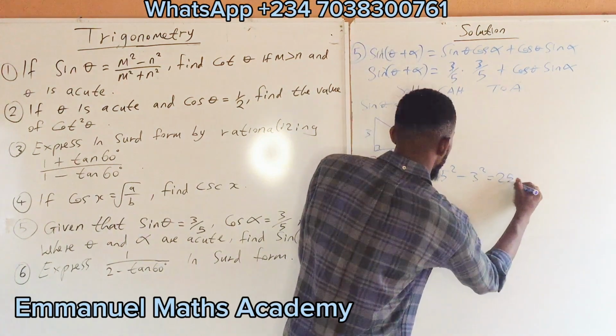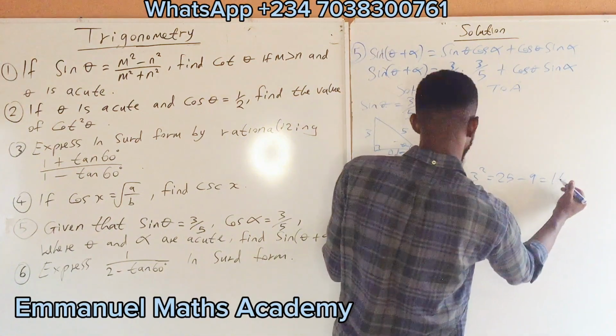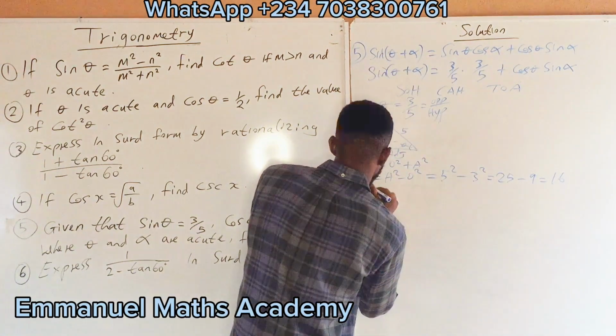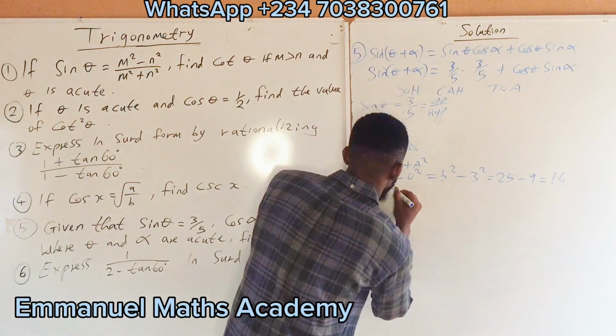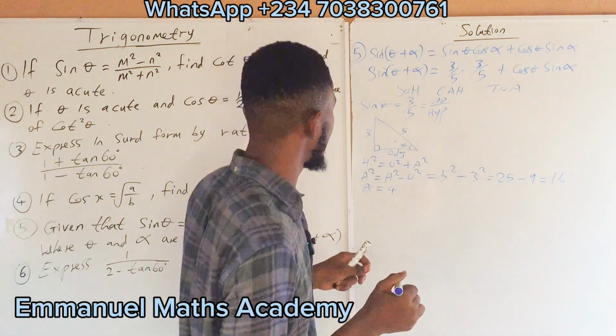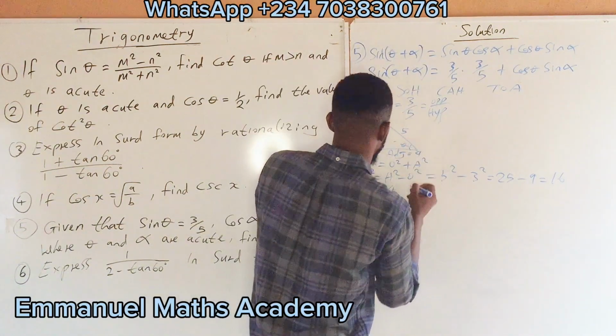This is 25 minus 9. It gives you 16, right? And taking the square root of both sides, you now have that A is equal to 4. That means that our adjacent is equal to 4, right?